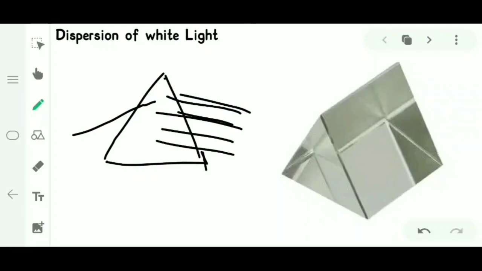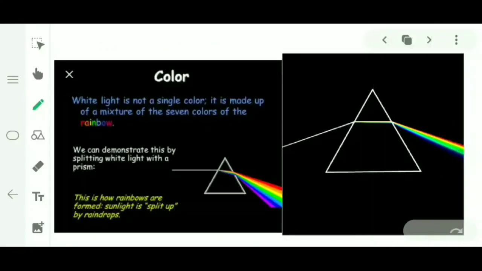So it is clear to you what dispersion of white light is. We can say, when the white light passes through a triangular glass slab, it will split into 7 colors. This phenomenon is known as dispersion of white light. Now in the second slide we can understand that we already know white light is not a single color, it is a mixture of 7 colors, and these 7 colors are VIBGYOR.